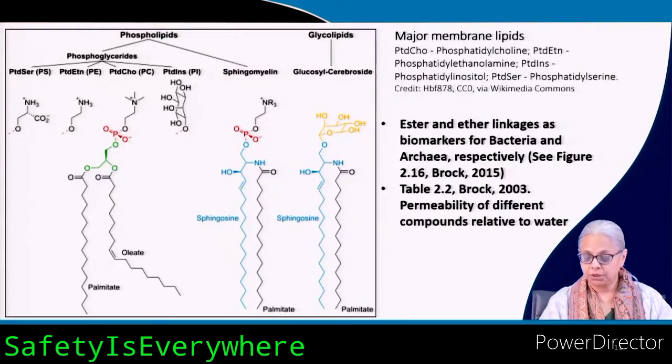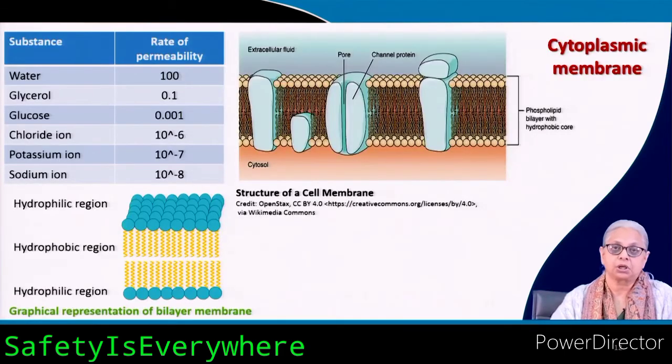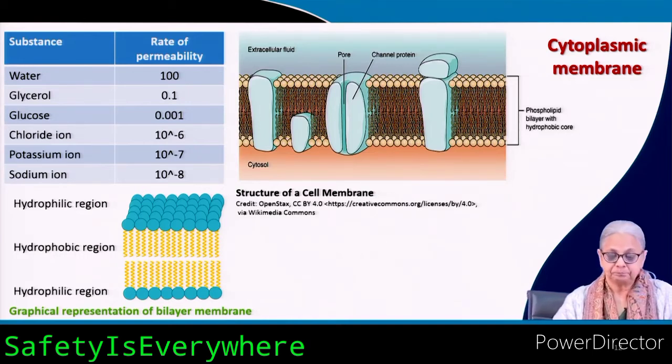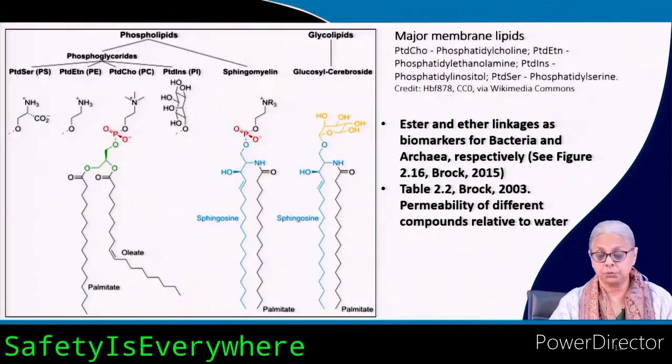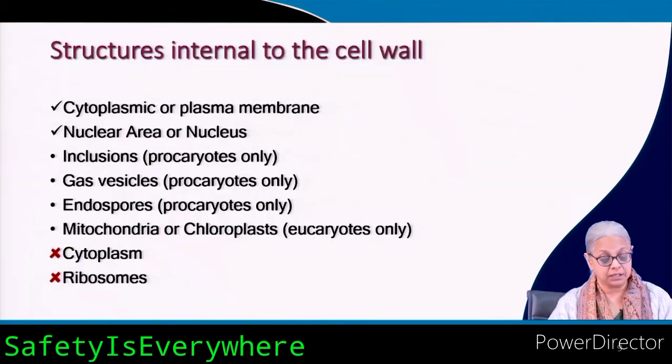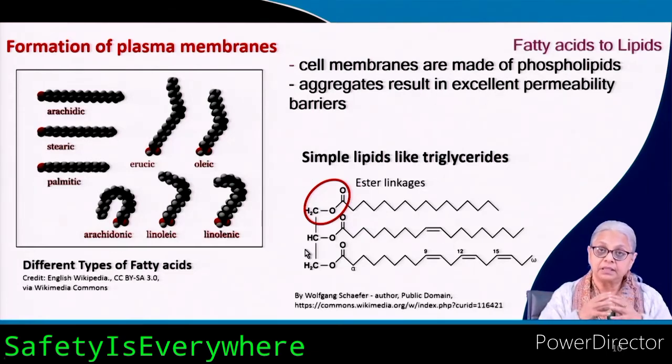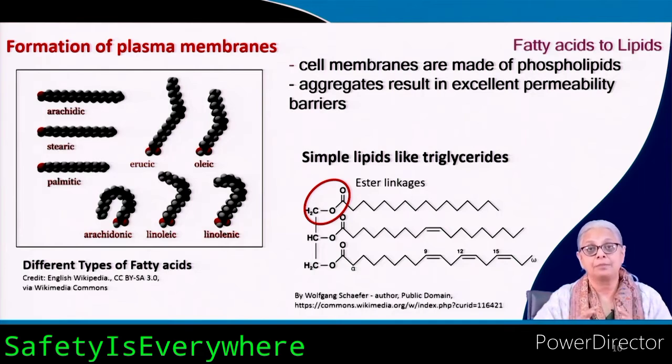So before I go to permeability, let me show you the structure of these plasma membranes. That is also a very interesting structure. I already mentioned to you in the previous topic in cell chemistry that these phospholipids, glycolipids, sulfolipids, all of them are amphipathic molecules.